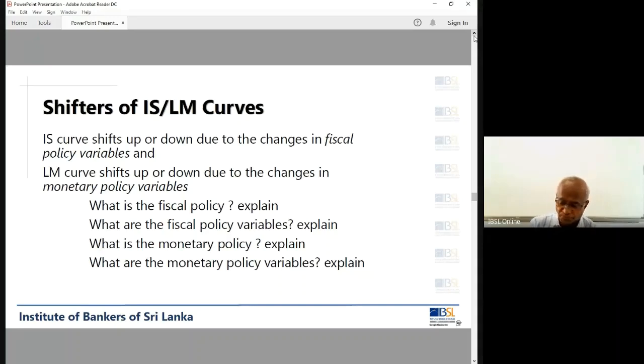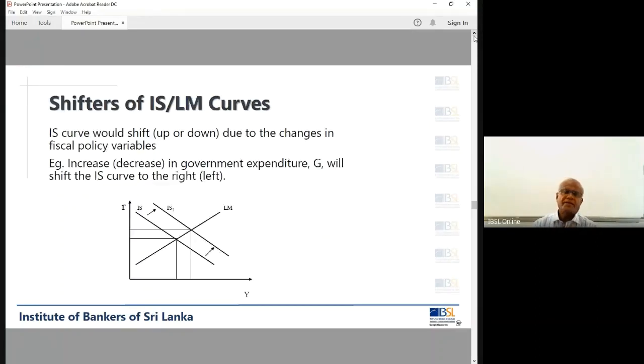Now, the IS curve is downward sloping, and the LM curve is upward sloping. The IS curve will shift up or down due to changes in fiscal policy variables. For example, an increase in government expenditure, G, will shift the IS curve to the right.